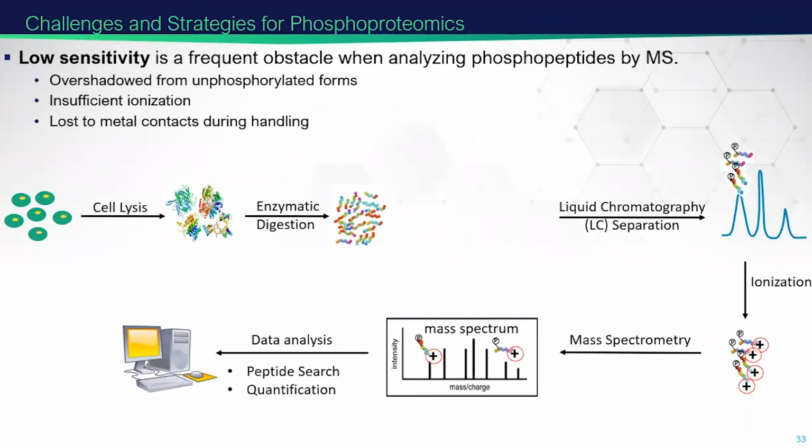Post-translational modifications are of low abundance, especially relative to the non-modified versions. If you just run a typical proteomics experiment, the non-modified version will overshadow the modified version. So it is really hard to see any post-translational modification if you don't do any enrichment.